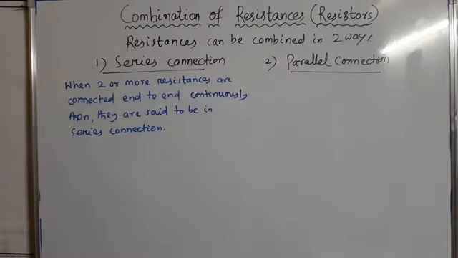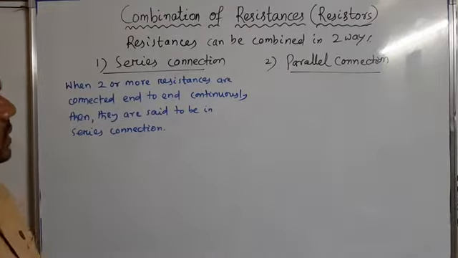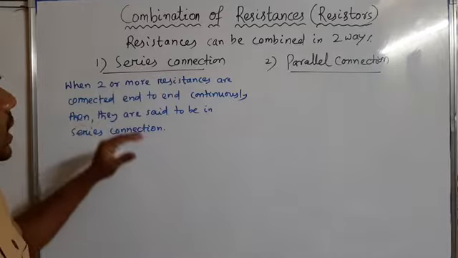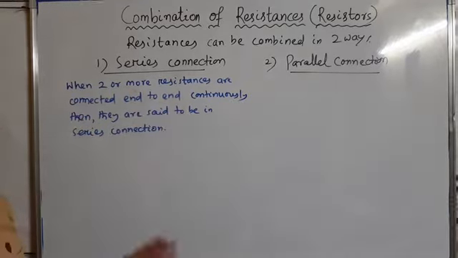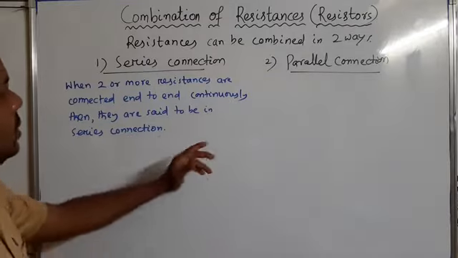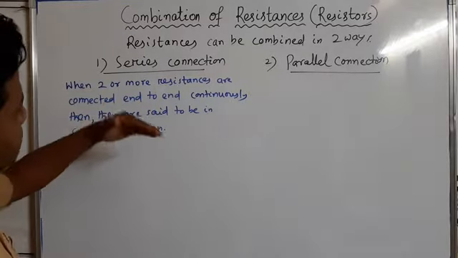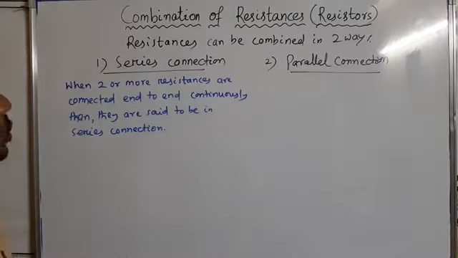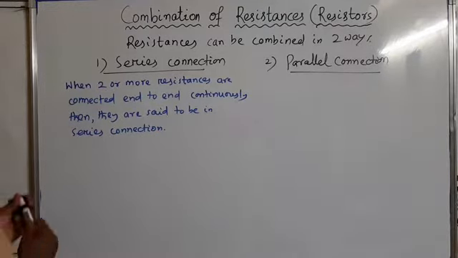It means when two or more resistances or resistors are connected end to end, one will finish, then the other will start. And if they are arranged continuously, then they are said to be in series connection. We will take an example here.